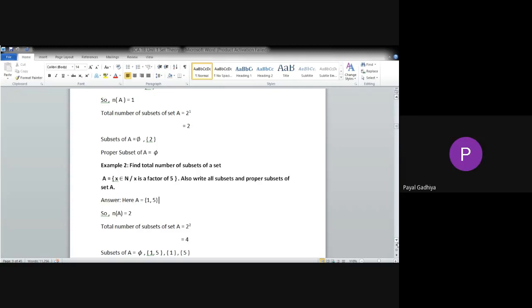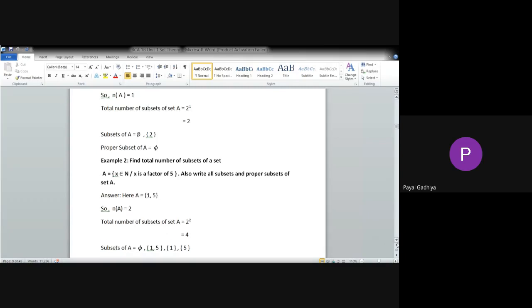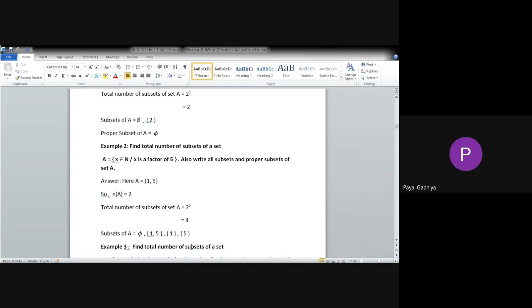Yes, it will be the null set, singleton 1, singleton 5. The whole set, which is {1, 5}, will not be in the collection of proper subsets. So the proper subsets will be these three only: the null set, the singleton 1 set and the singleton 5 set. Okay, clear up to this? Can I go to the next example?